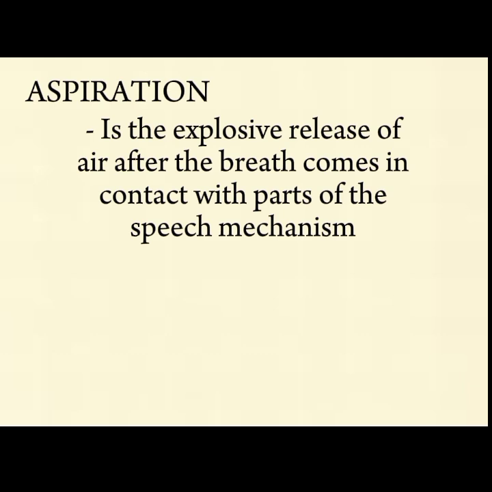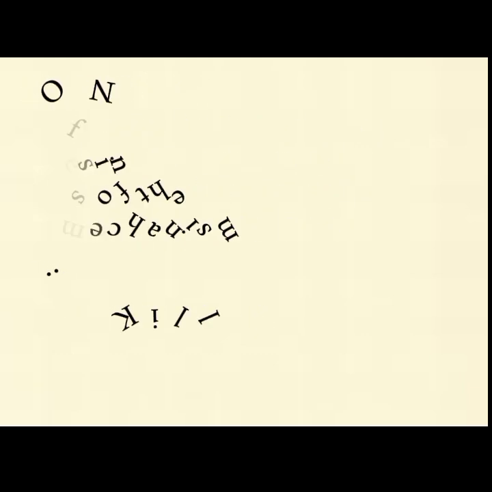Para malaman mo kung aspirated or hindi yung word, gamitin mo ang kamay mo and put it sa tapat ng mouth, and if you feel air on your hand, that means it is aspirated. Ang example niya po is pool, table, kill. It's aspiration po because you feel the air after the breath.